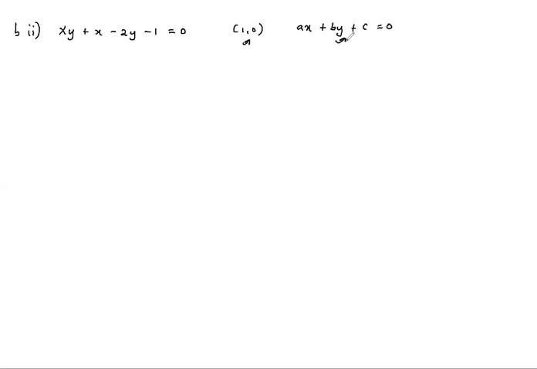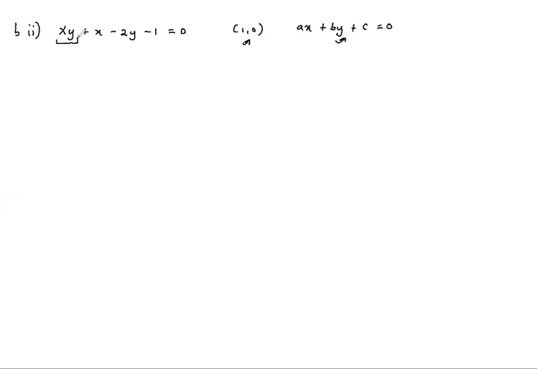So first things first, what do you need to do? You need to find the gradient. How do you find the gradient? You need to find dy/dx. How do you find dy/dx of such a function? You use implicit differentiation. This is a product.